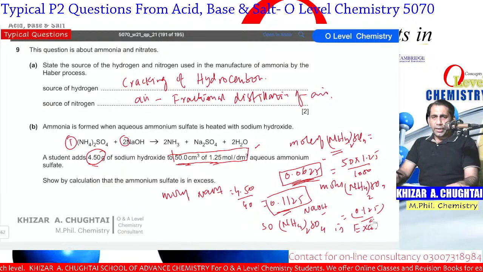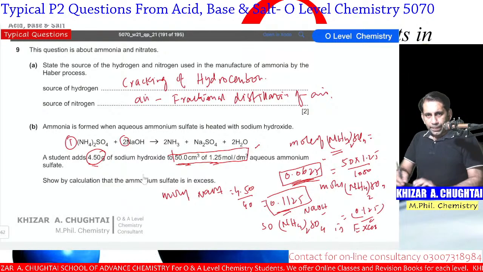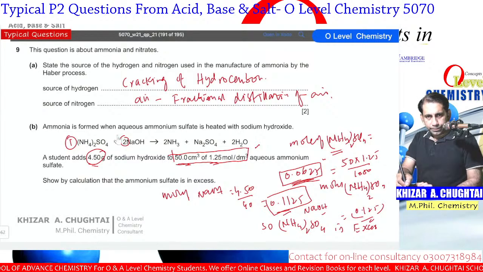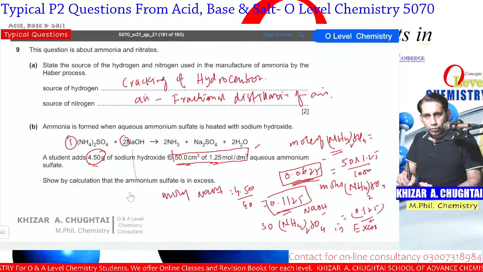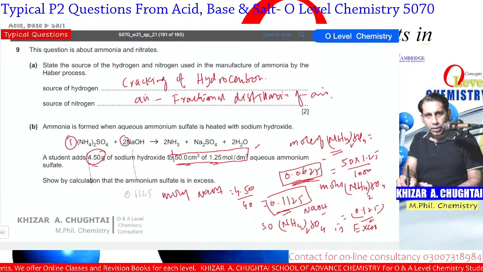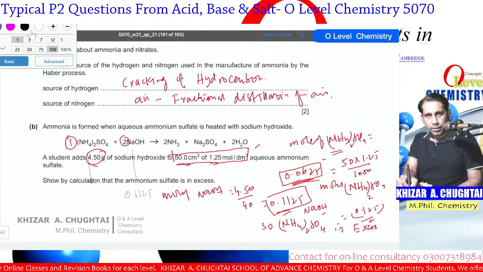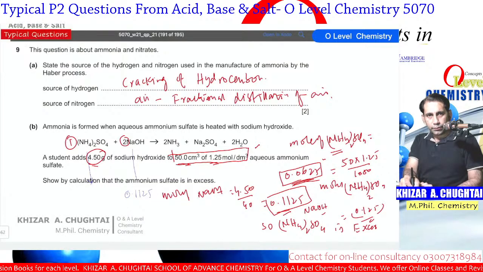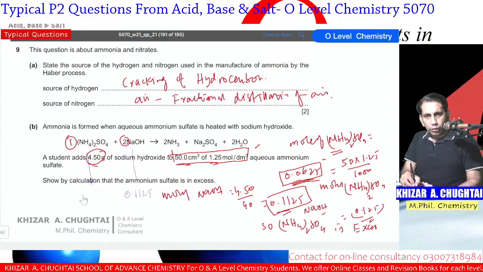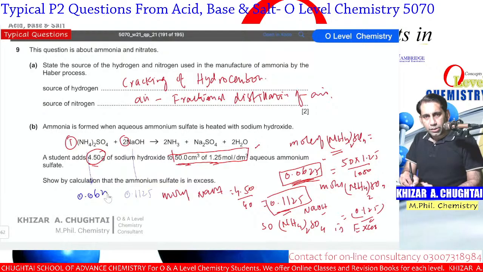There is another shortcut to find the limiting reactant and the excess one. That is this one. I'm going to write with a different pen. We have found the number of moles of NaOH, that is equal to 0.1125. We have found the number of moles of this one, 0.0625.